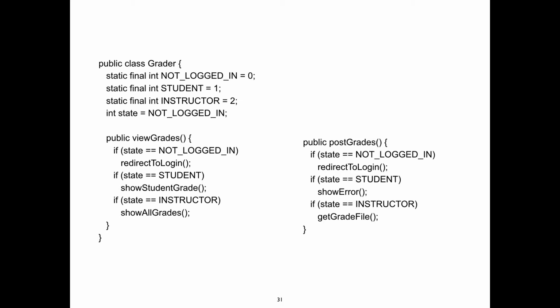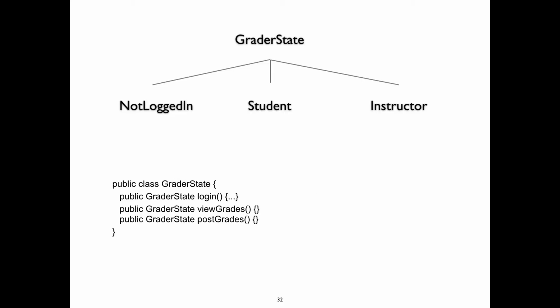So we can come up with different states: not logged in, logged in as a student, logged in as an instructor, and then the parent class or interface or abstract class defines what operations we can perform.